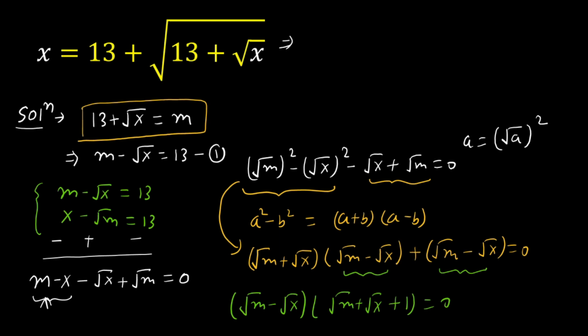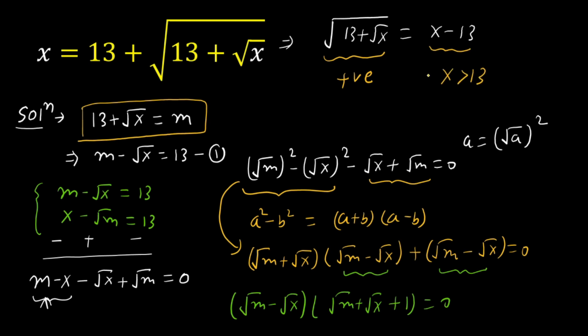This equation is the same as square root of 13 plus square root of x is equal to x minus 13. Look carefully at the left hand side. The left hand side is always positive and cannot be 0. If the left hand side is positive, then x minus 13 should be positive. So x is greater than 13.